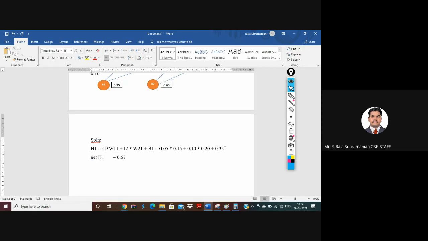Similarly, can we calculate net H2? So I will go and calculate the net H2.